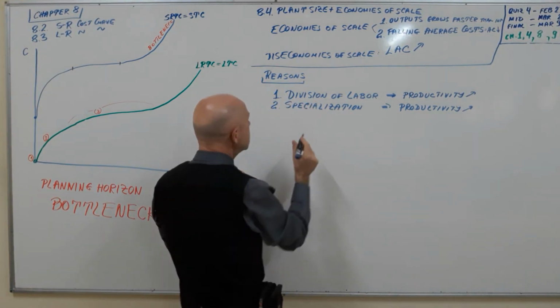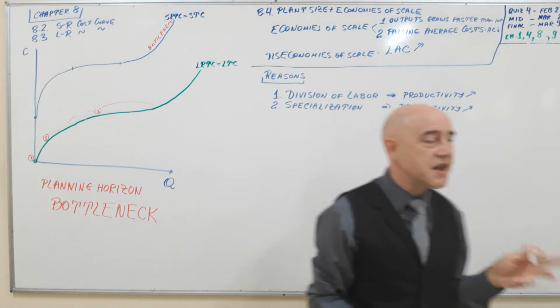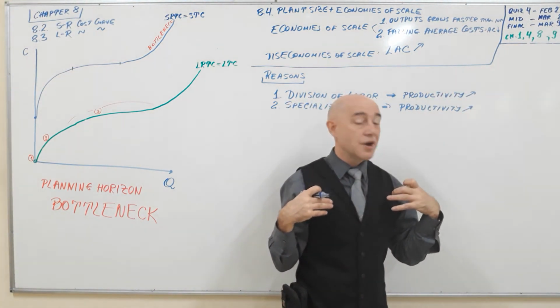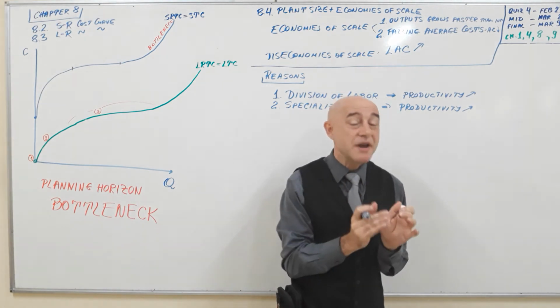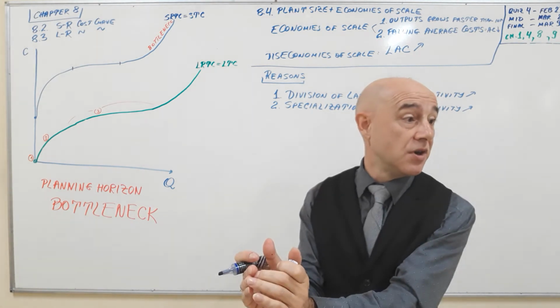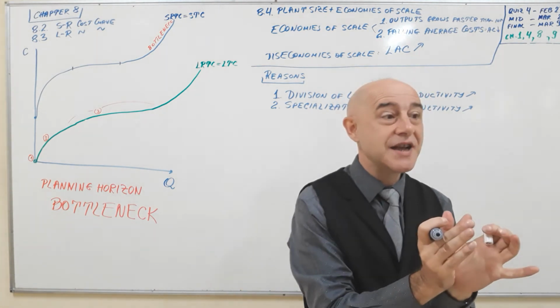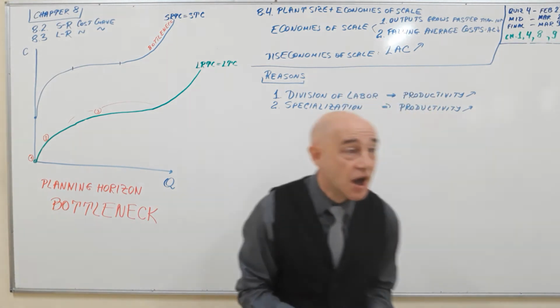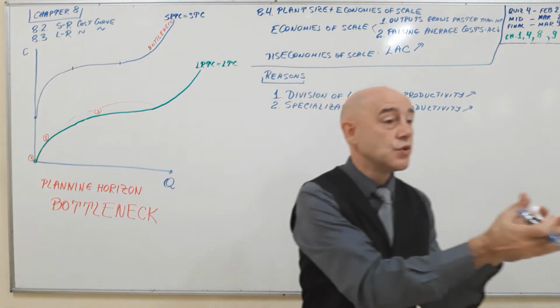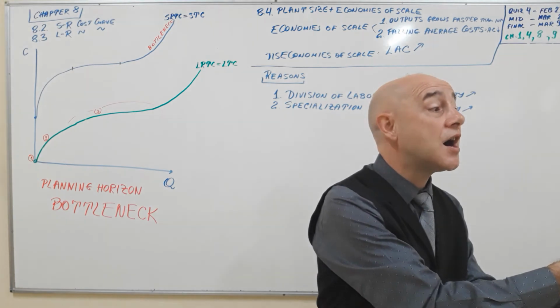The third one, this is again specialization, I mean of labor. People will specialize. One person will specialize in accounting only. A second person will specialize in marketing and advertising. A third person will specialize in finance. A fourth person will specialize in IT.